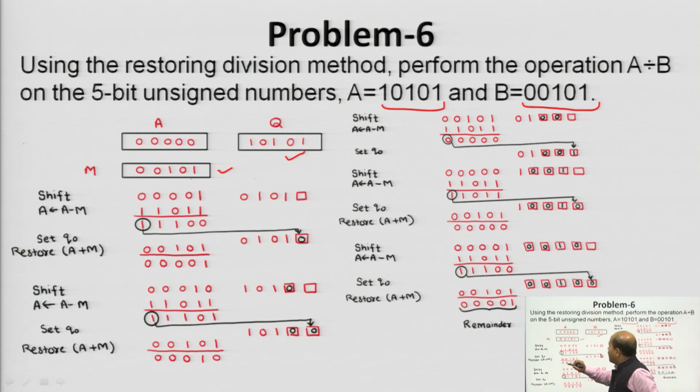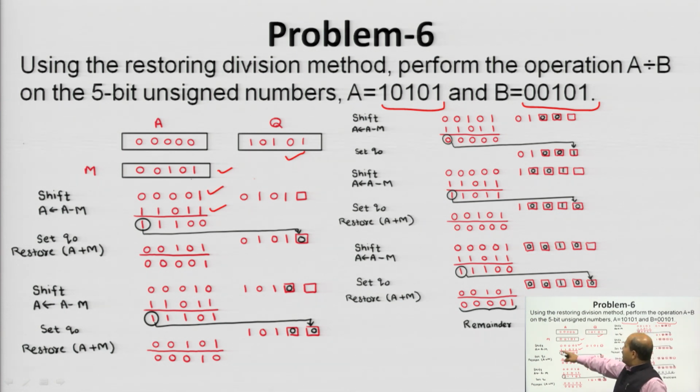So, when the A n minus 1 bit is 1, we have to set the Q naught bit, and we have to perform A equals A minus M operation as shown here. This is the M bit and this is the shifted A bits.